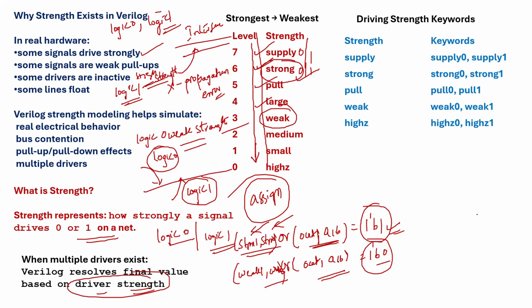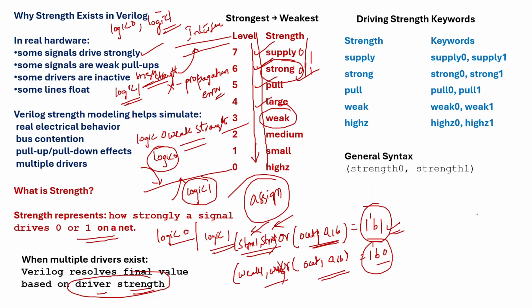To avoid conflict, we need to maintain two different strengths. If you maintain the same strength on the same interface, what will happen? No one wins the race, and ultimately we get an unknown propagation error.